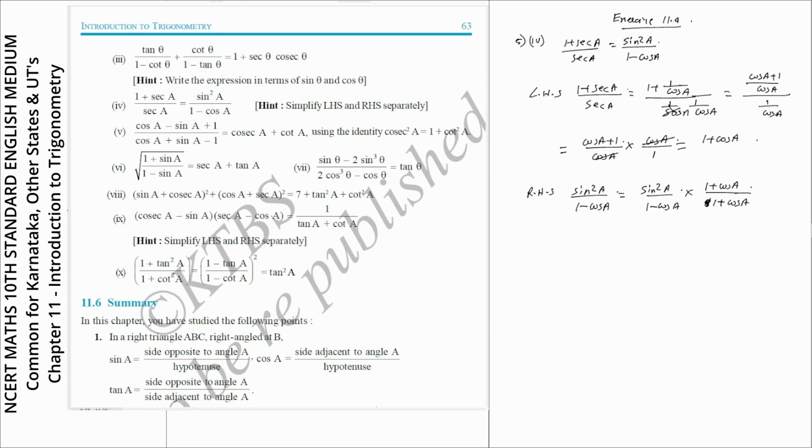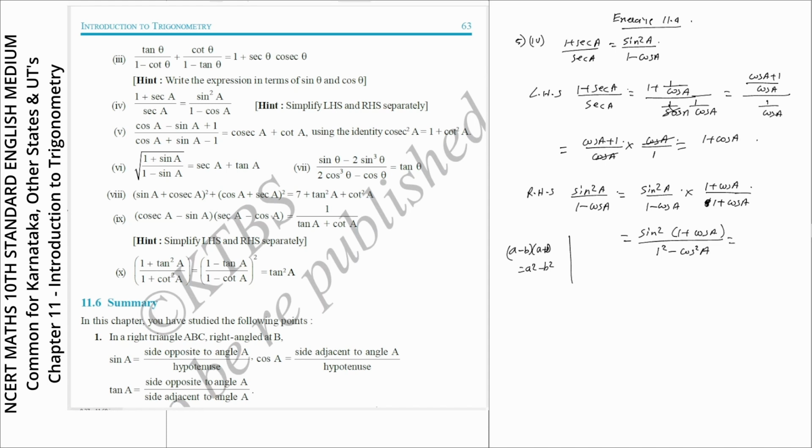Okay, so now this is equal to sin square a into 1 plus cos a. Now this is denominator, you can see it is in the form of a minus b into a plus b. So a plus b into a minus b is a square minus b square. So here now I can write this one as 1 square minus cos square a.